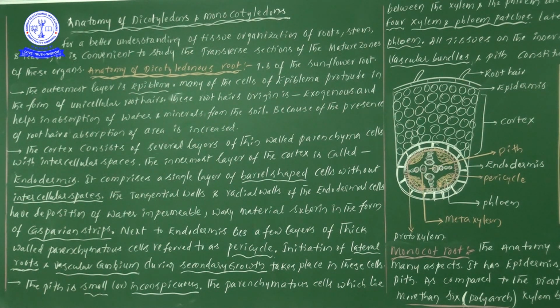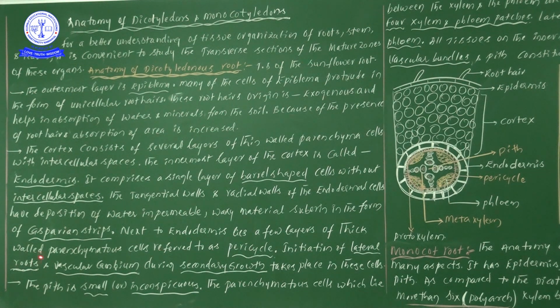The root hairs origin is exogenous, whereas any root formed from the pericycle we take as a lateral root. Why endogenous? These lateral roots are formed from the inner layers. So the lateral roots origin is endogenous.